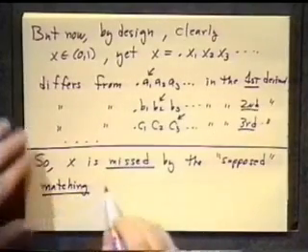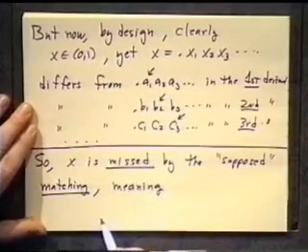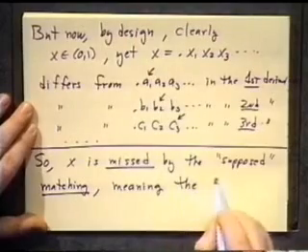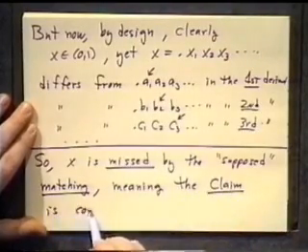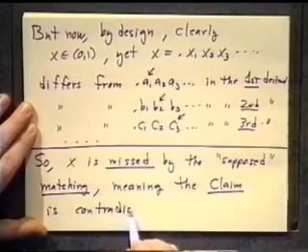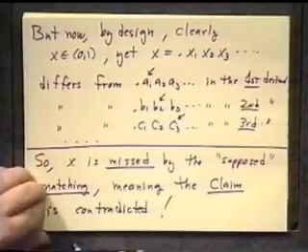Meaning, since the matching or that correspondence was arbitrary, it means that the claim that we had above is contradicted, as we hoped. Well, if the claim is contradicted, what does that mean?